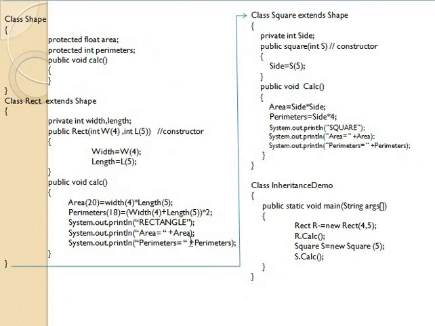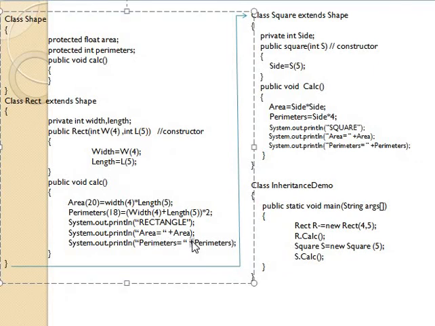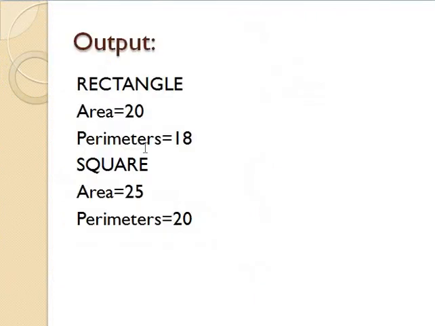Then something has been added to this text. What has been added? The data member perimeters. The value of this data member perimeters is calculated and found to be 18 from this expression. So in place of this data member perimeters, what gets displayed in the output is 18.